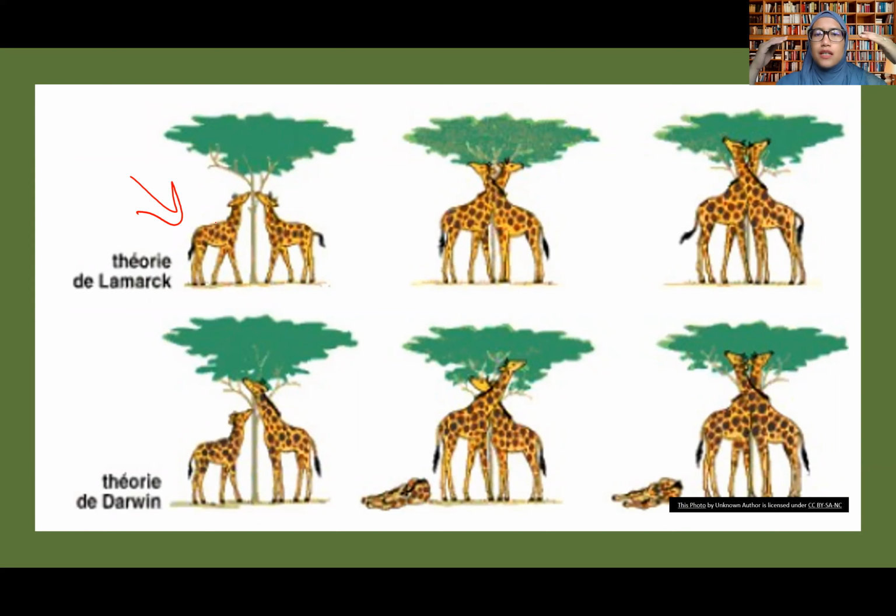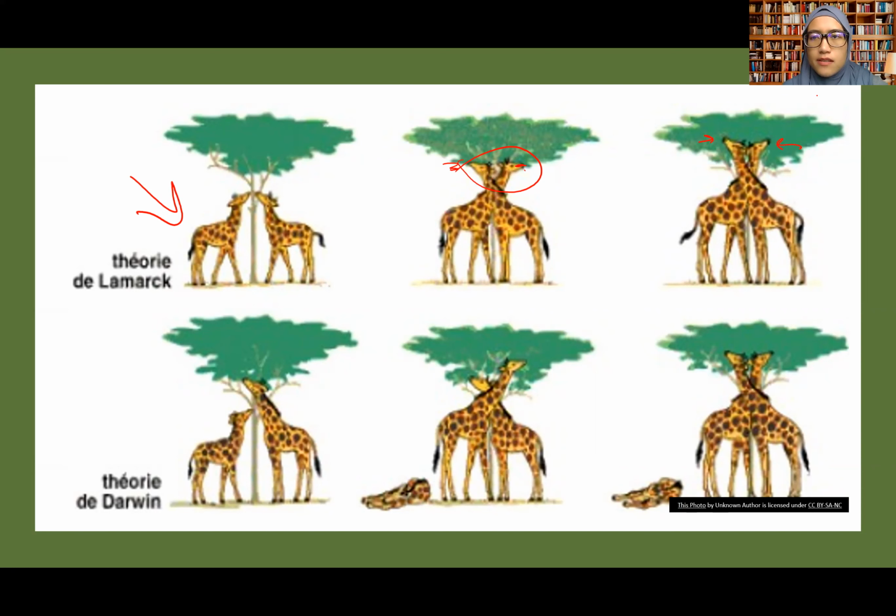They are trying to reach the high leaves on top of the tree. So the giraffe stretches its neck, and both of the giraffes are able to reach the bottom part of the leaves, and then they stretch their necks a little bit more, and then they are able to eat the leaves at the top of the tree.